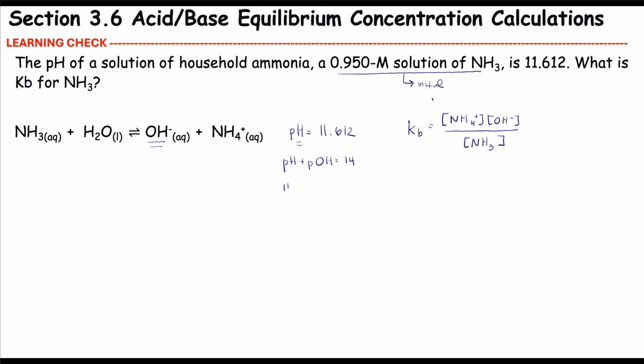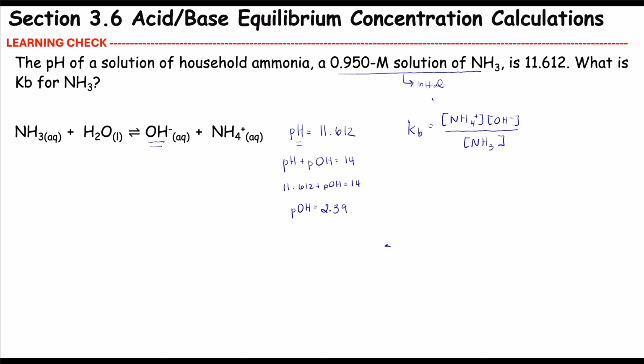So if my pH is 11.612, we can find pOH. I'm going to subtract 11.612 from both sides, and if you do that, you would get approximately 2.39.